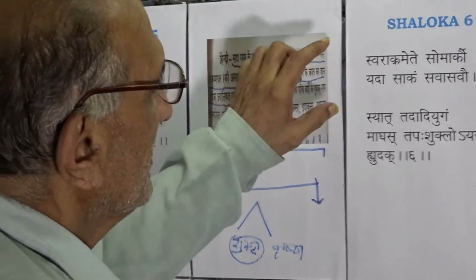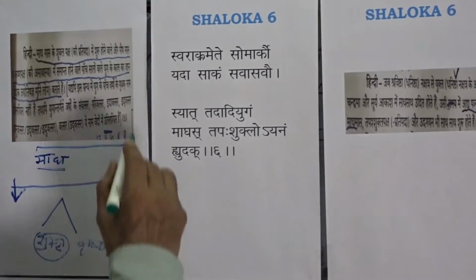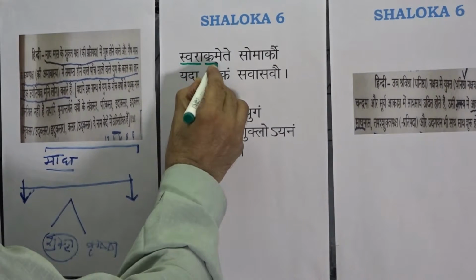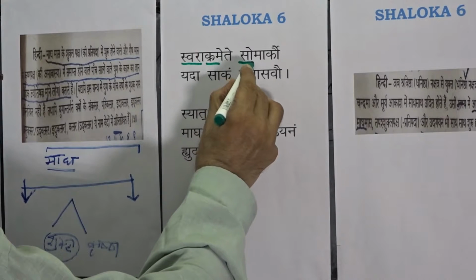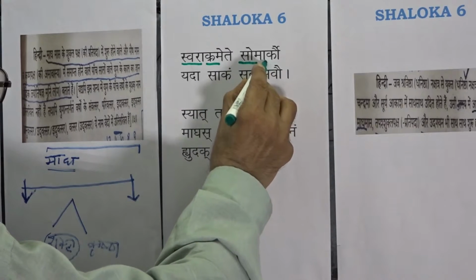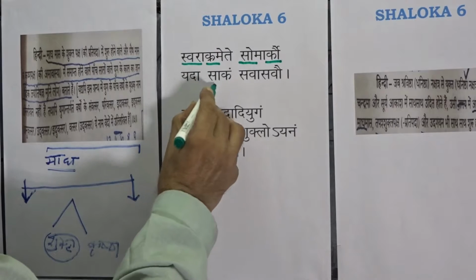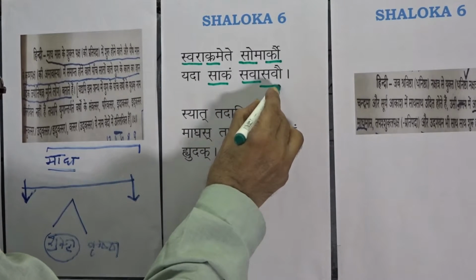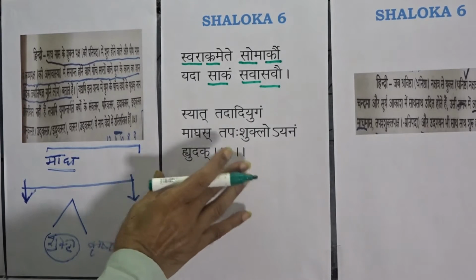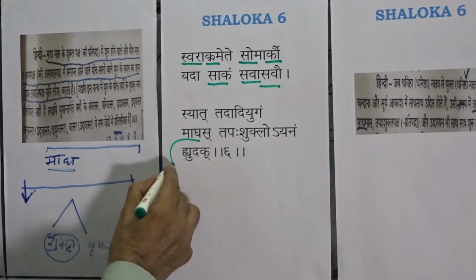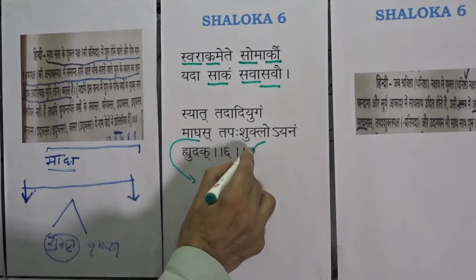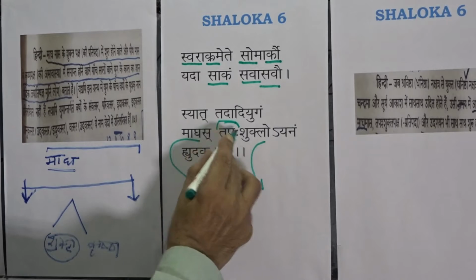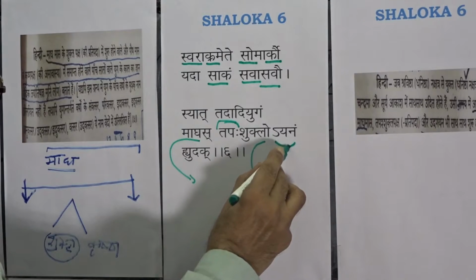In Shloka 6, it is said: first is Swara, then is Krama, then is Soma, and then is Arka. Now, then is Sava of Savo. These are from Magh, and this is Shukla, this is Tapa, and here are the Ayanam.